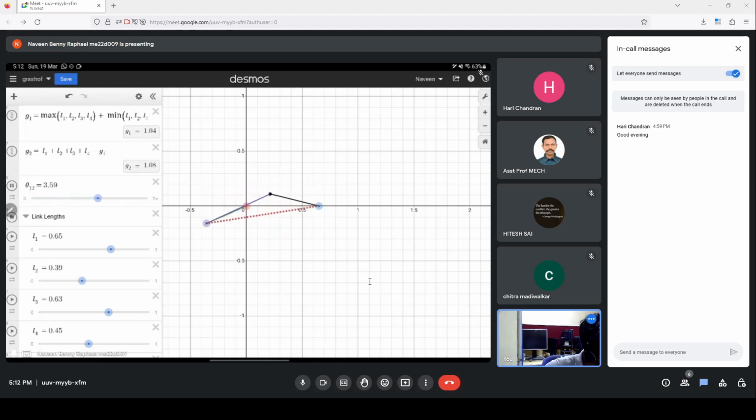So say I increase this. In this case, the max plus min is greater than G2. The sum of the shortest plus longest link is greater than the other two links, and therefore for this small range of angles, it's not possible to have the other two links collide.